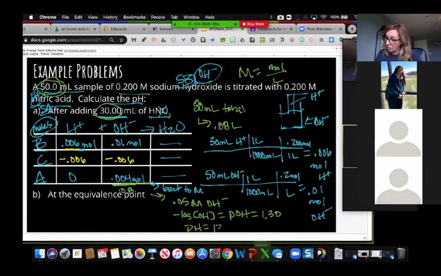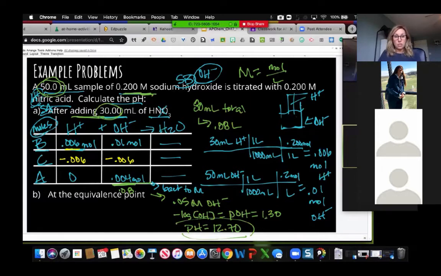So my pH is 12.70. Okay, so that would be my pH after I've added that much HNO3. If I wanted to know the initial pH, then I would just use this 0.2 molar sodium hydroxide concentration and figure out the pH from there.